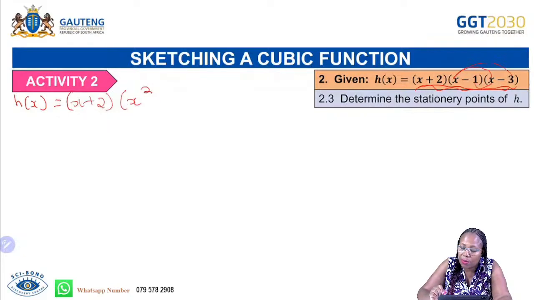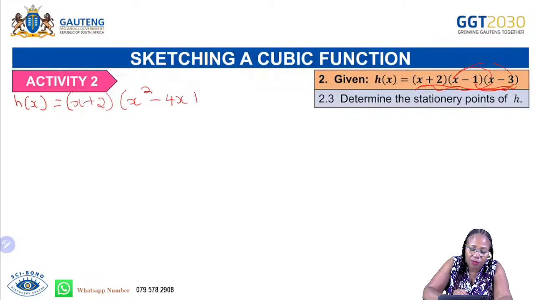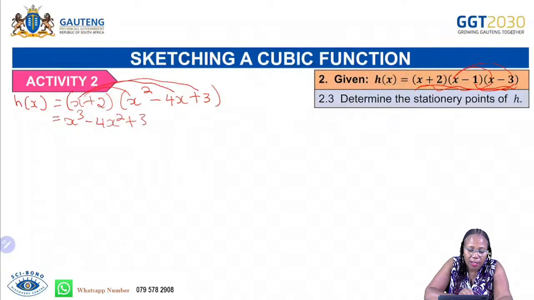And then this one minus 1, it will be minus 4x. And negative 1 times negative 3, it will be a positive 3 there. Then I am bringing in x into each term. X times x squared is x cubed. X times minus 4 is minus 4x squared. X times 3, that is 3x.